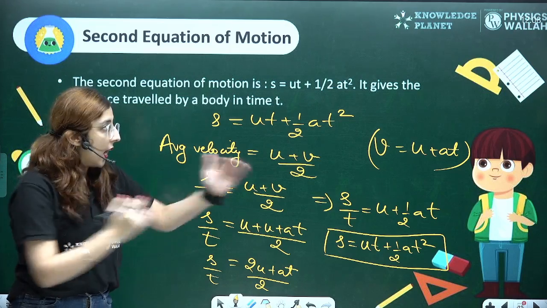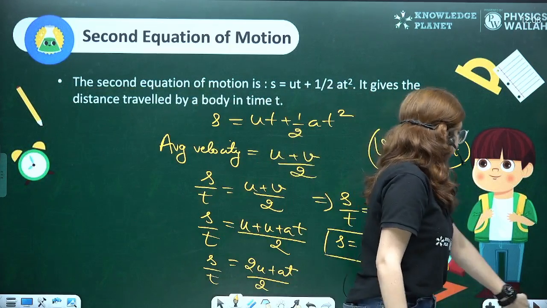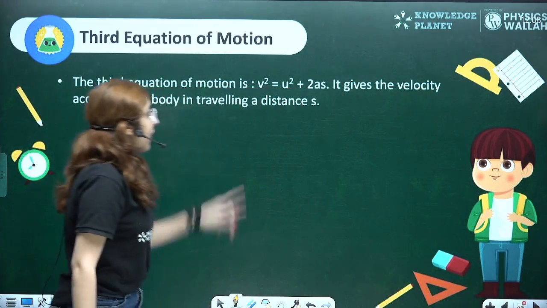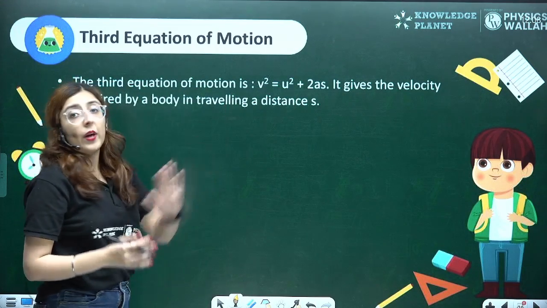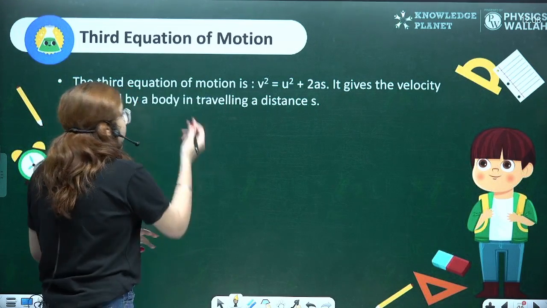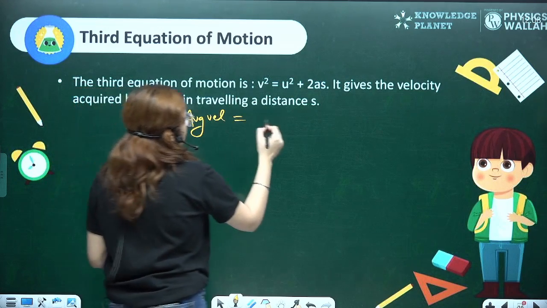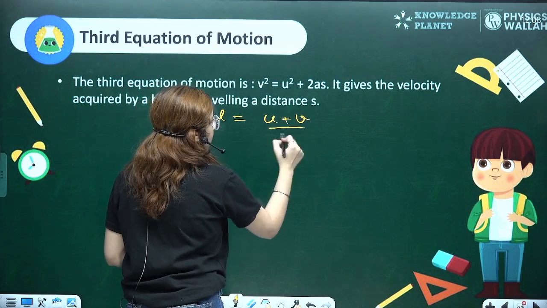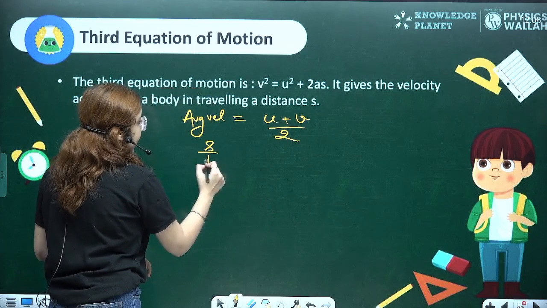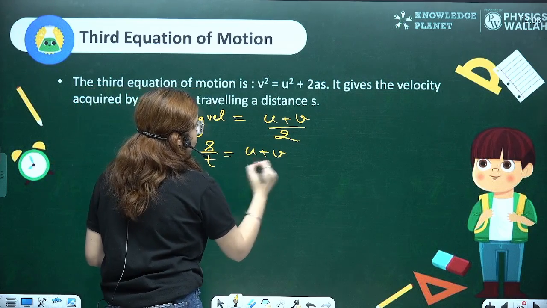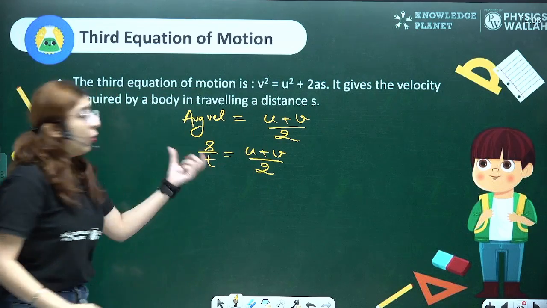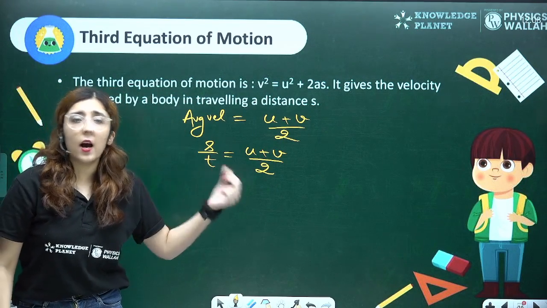Now taking the third equation of motion. v square is equal to u square plus 2as. Over here, again, average velocity: s by t is equal to u plus v by 2. Do we have t in our third equation of motion?